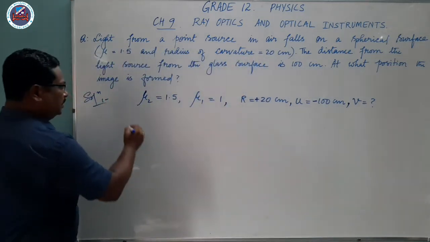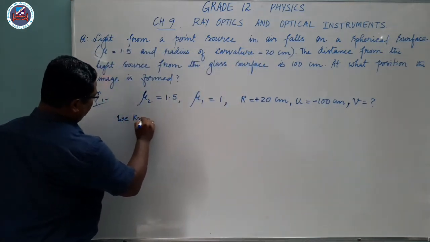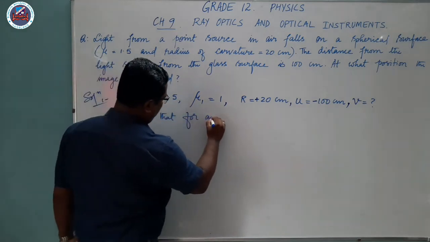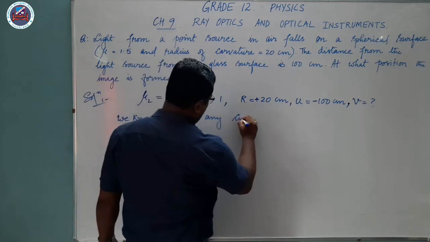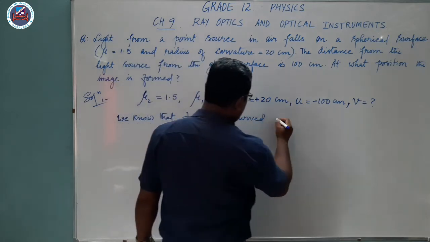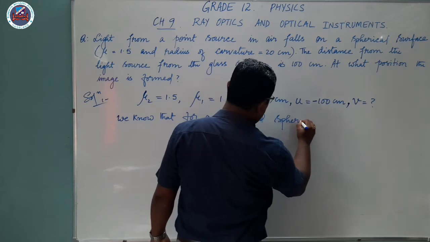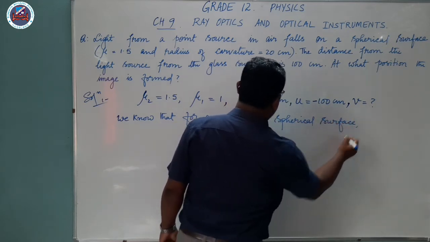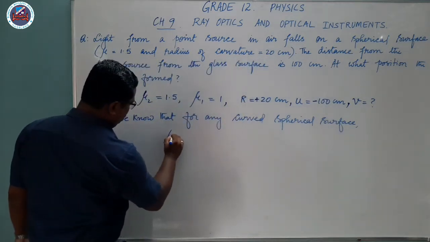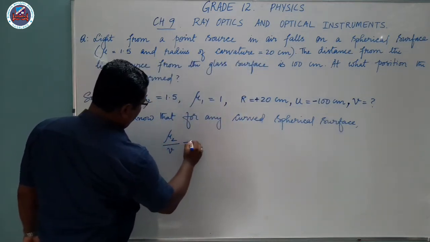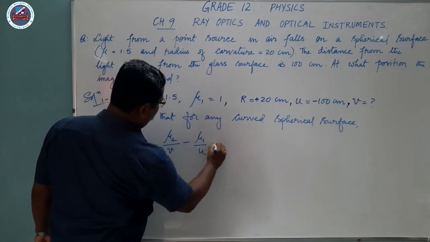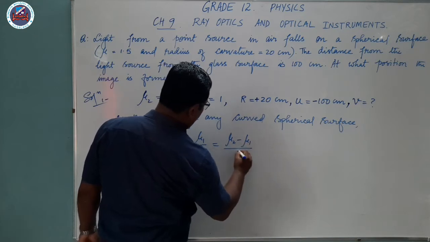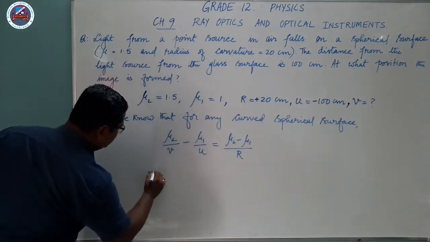So let us see. We know that for any curved spherical surface, mu2 divided by v minus mu1 divided by u is equal to mu2 minus mu1 divided by R. So put the values.